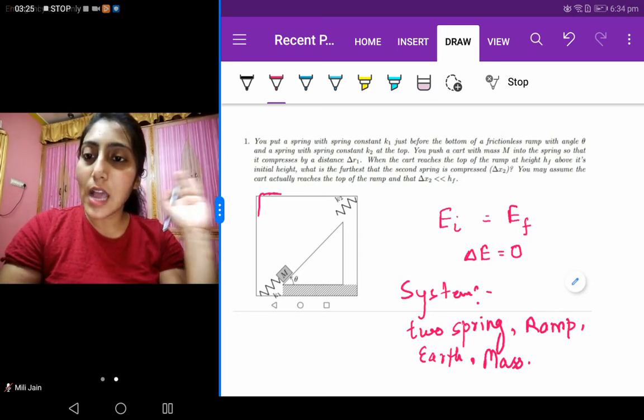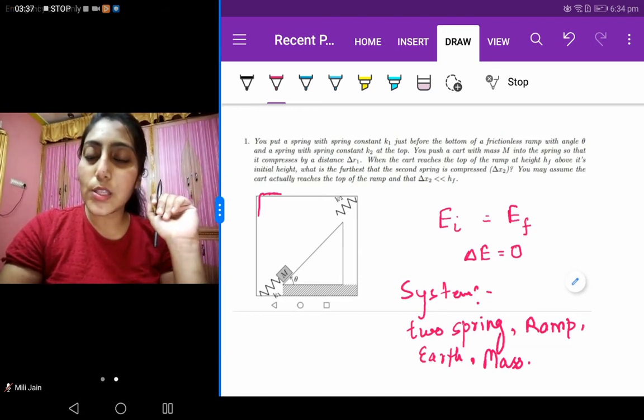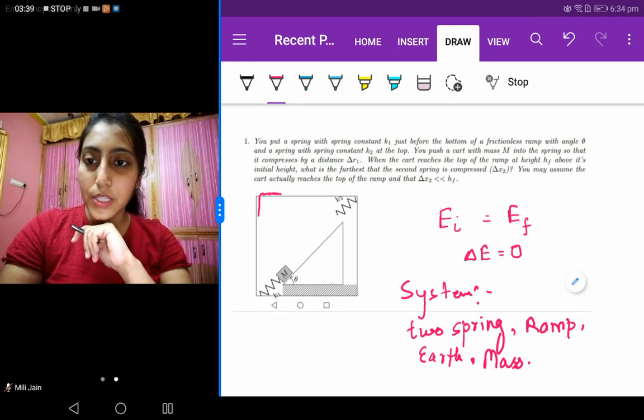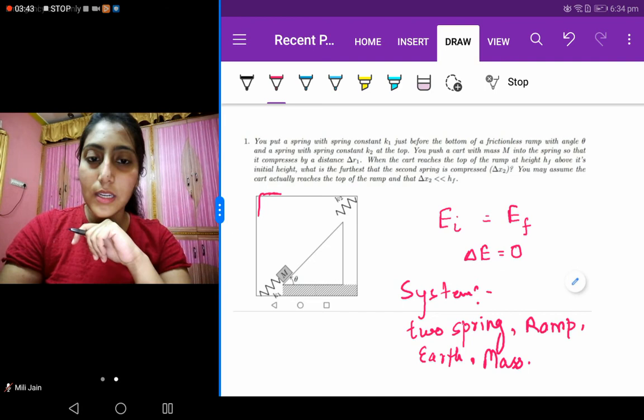So at the final stage, it will have the gravitational potential energy due to the height and the spring potential energy due to the second spring. Initially it has only the spring potential energy, and in between it has kinetic and gravitational energy.